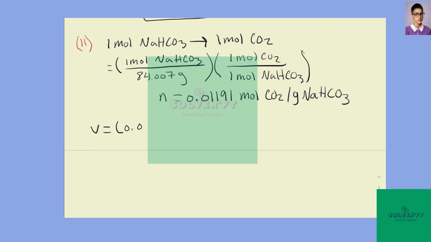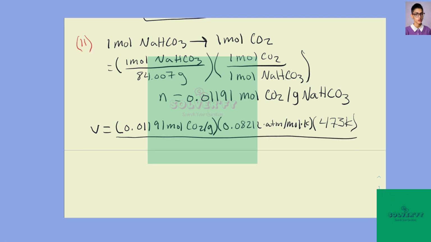So 0.01191 moles CO2 per gram, times our R value, 0.0821 liters atmosphere per mole Kelvin, times our temperature, 473 Kelvin, and then divide that by our pressure, which is 0.975 atmospheres.